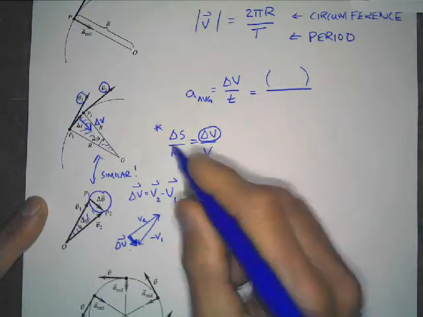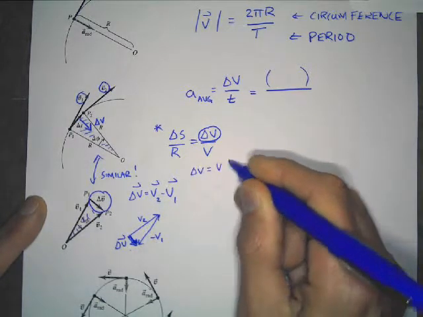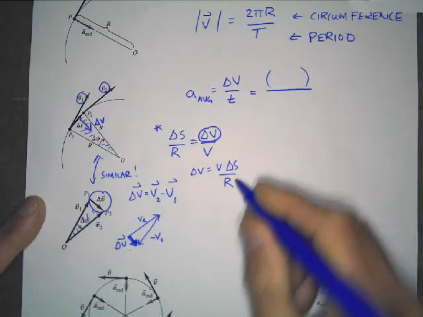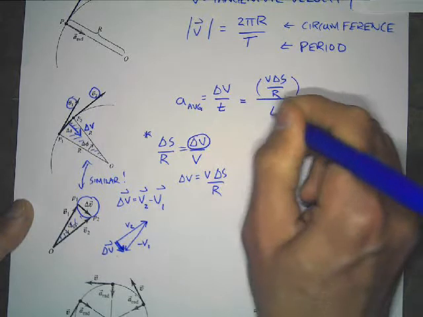So if you rearrange for that, you get delta V is equal to V times arc length over R. That's going to be what I put in up here. Okay, and I divide that by time.